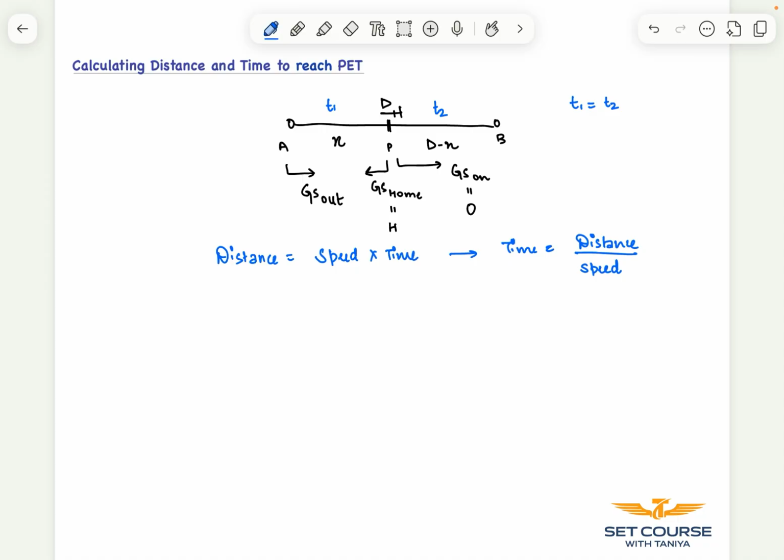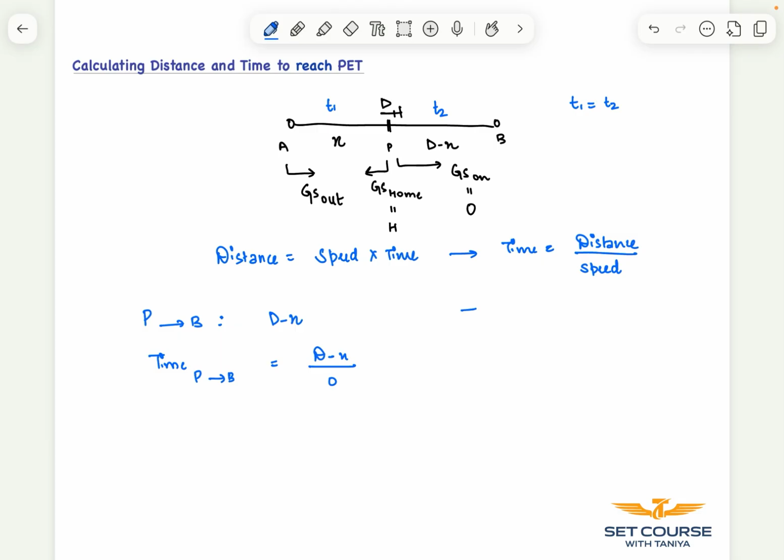Now the distance from point P to point B is D minus x. So our time for the aircraft from point P to B would be D minus x divided by O, which was our ground speed onwards.